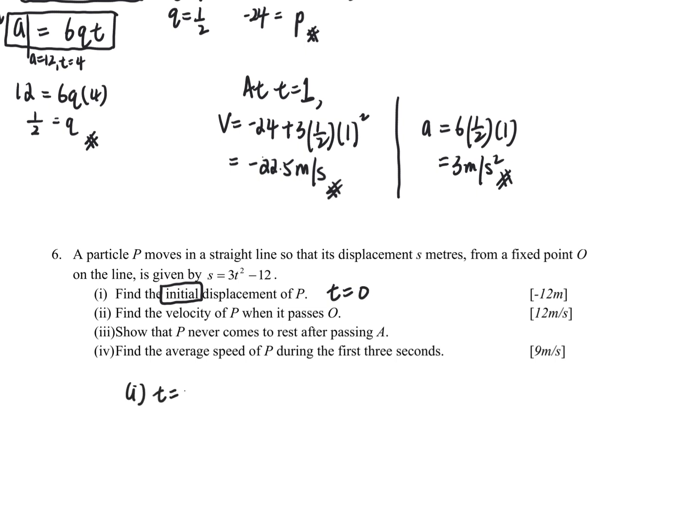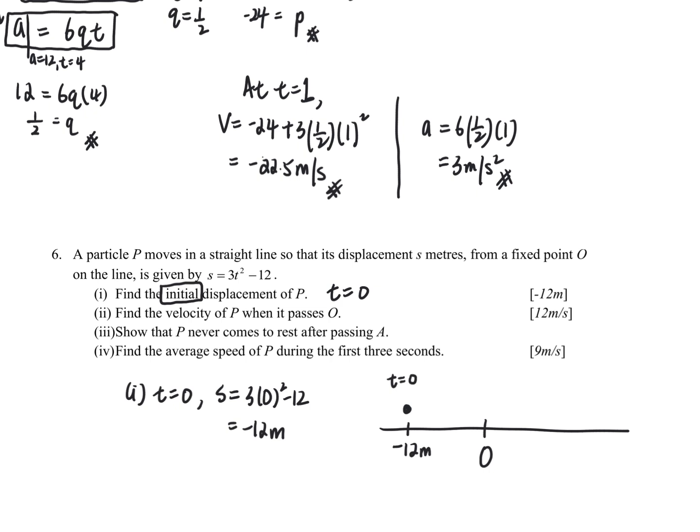So when t is 0, s is minus 12 meters. So meaning your particle started off at this point. Where t is 0, your particle is 12 meters away on the left. S is displacement.